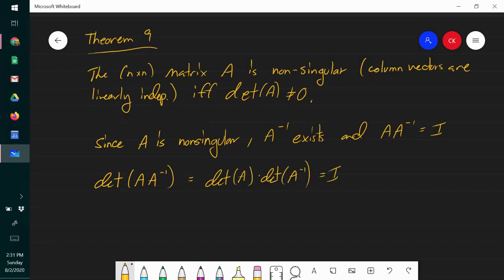Again, this is going to be equal to I by our earlier statement. And that would then imply that the determinant of A is equal to 1 over the determinant of A inverse.